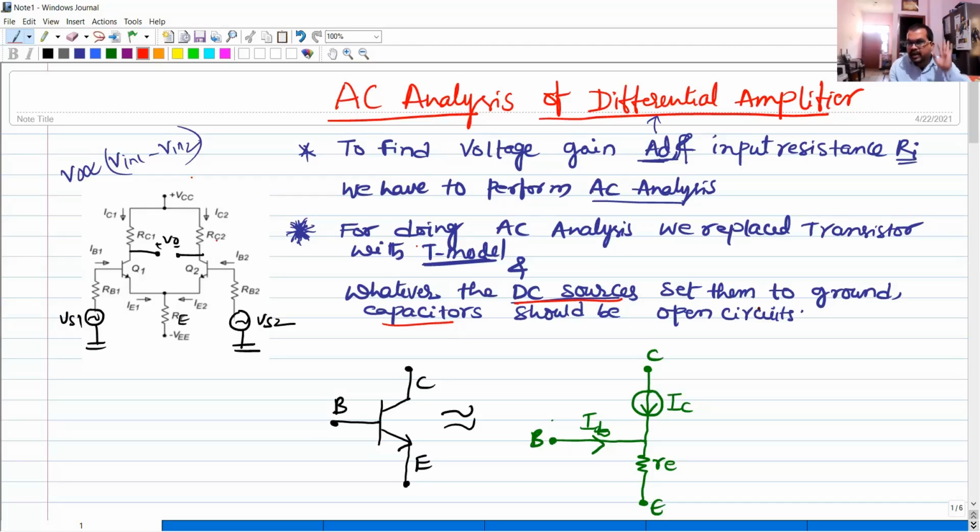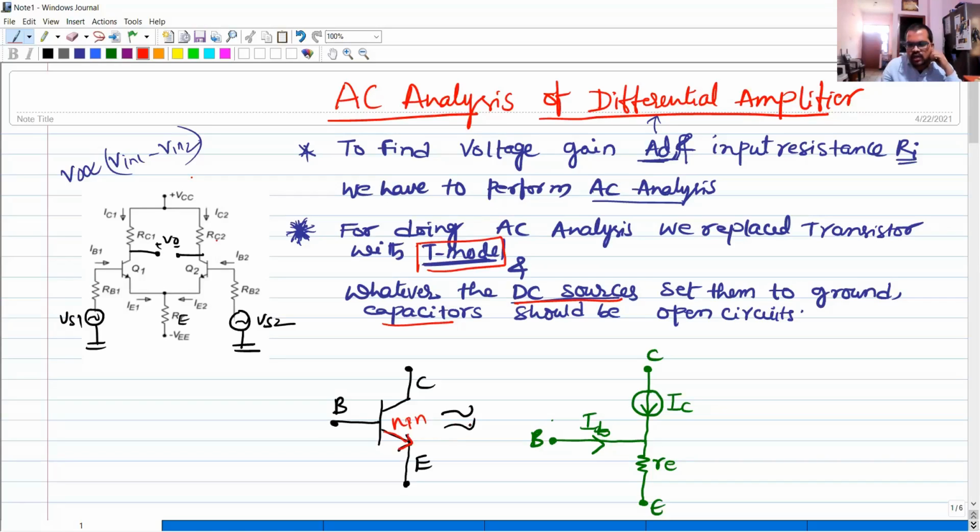Okay. For AC analysis, we have to make whatever DC voltage sources to ground. Is everyone clear up to this point?